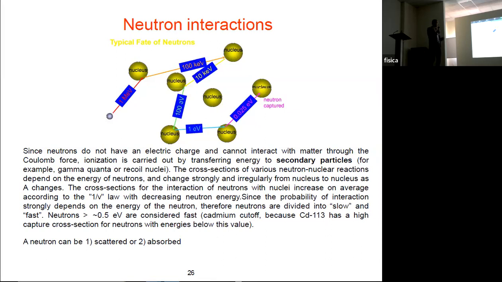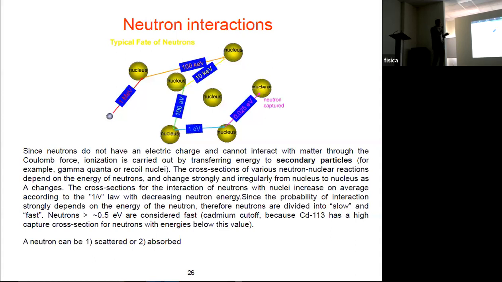And as you remember, neutrons are neutral particles, and in order to analyze matter, they do it indirectly. They should create secondary particles. This is, if you want, a typical fate of neutrons: all neutrons are originally born as fast neutrons.